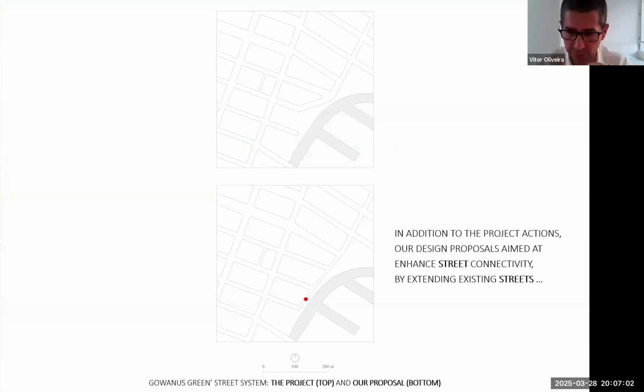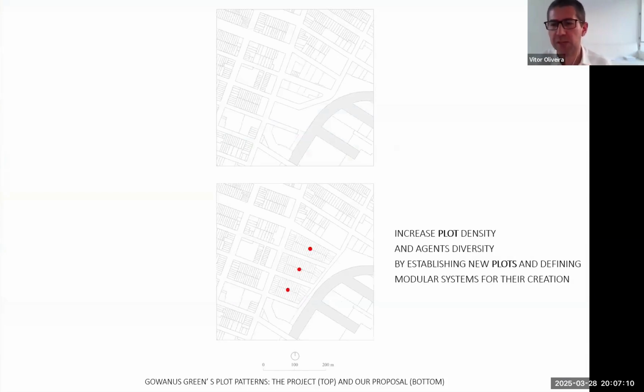So we have proposed to extend streets to enhance street connectivity. We have proposed to increase plot density and agent diversity by establishing these new plots and defining a modular system that was similar to the 1811 plan.